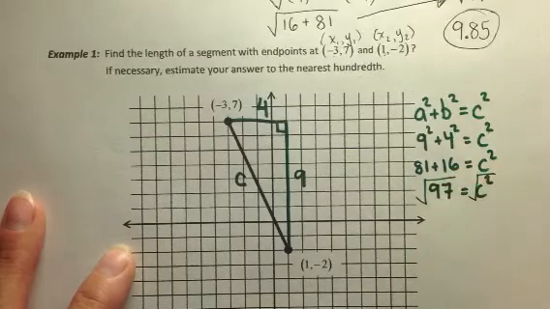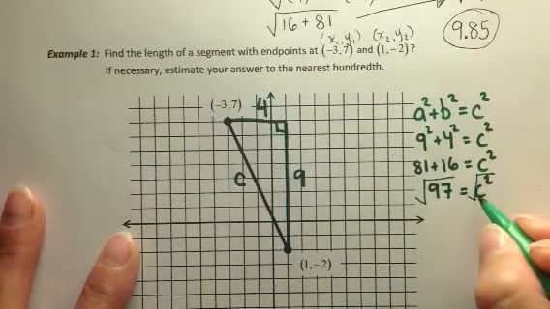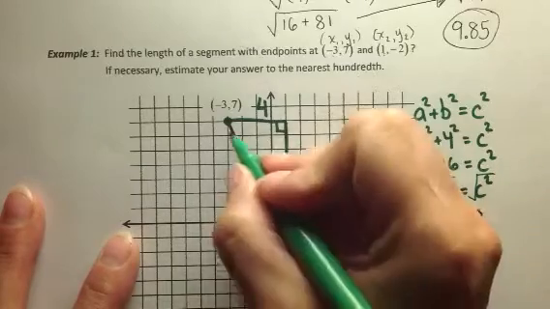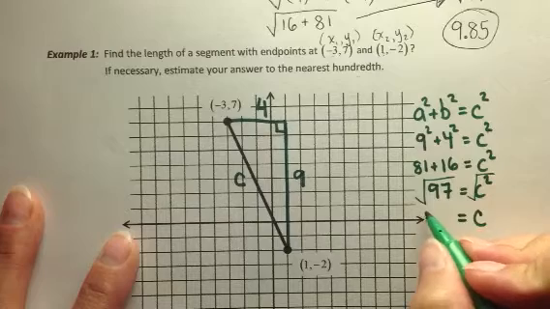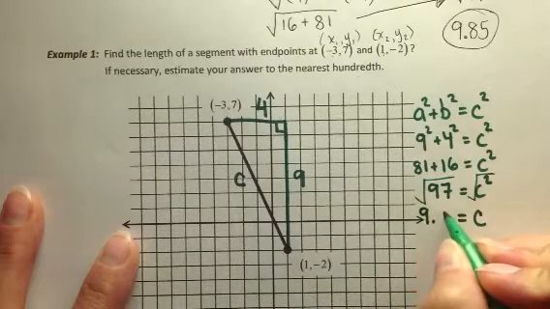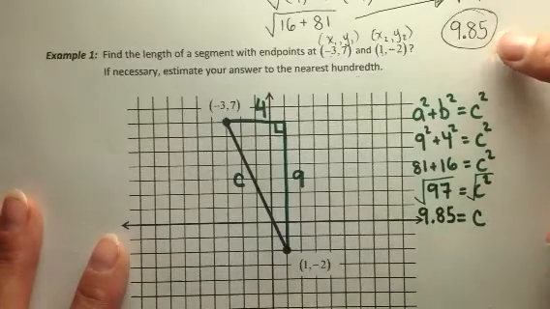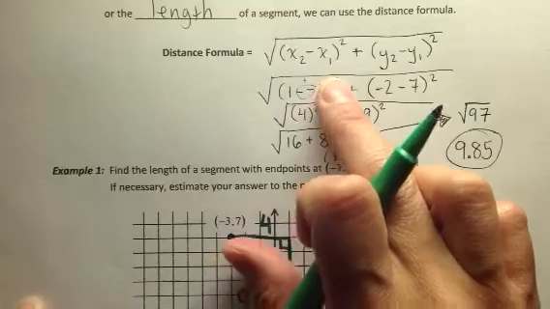This is actually where the distance formula is derived. So C squared, take the square root of that, I'm back to C, which is the solution I'm looking for, and square root of 97 is about 9 and 85 hundredths.